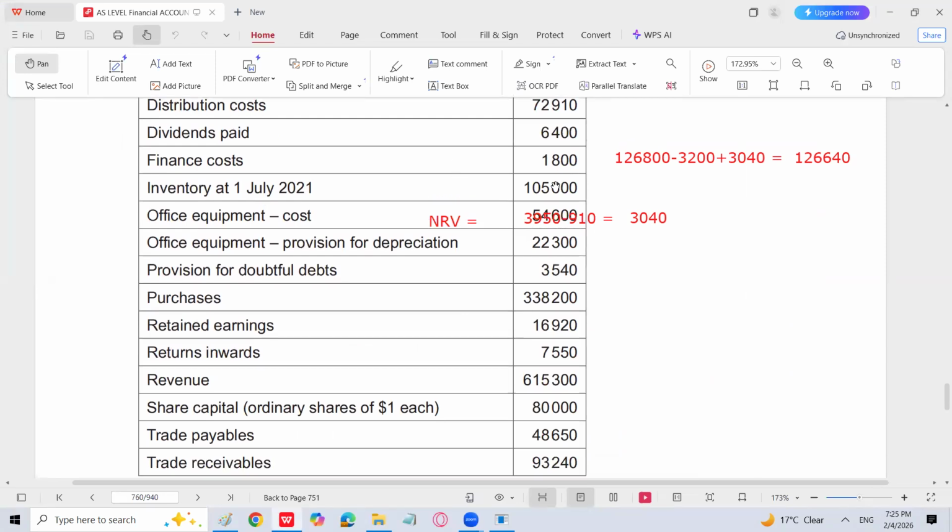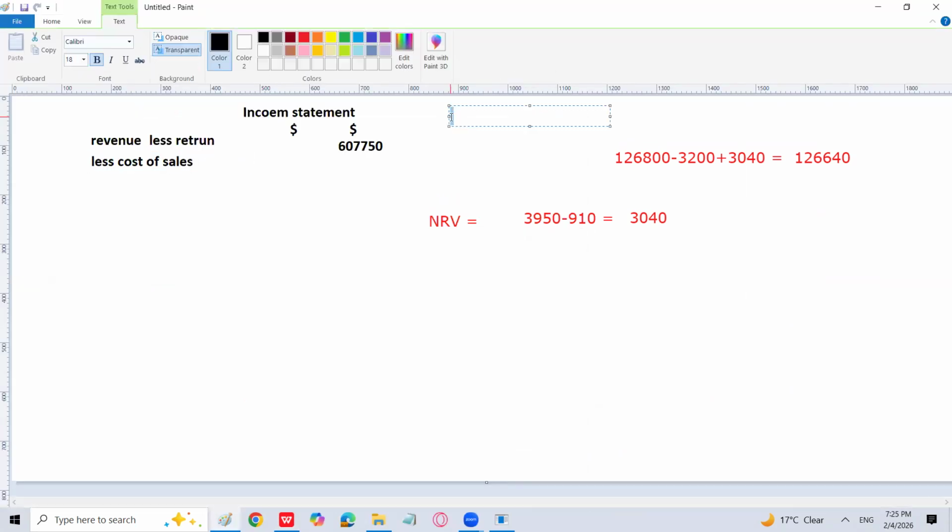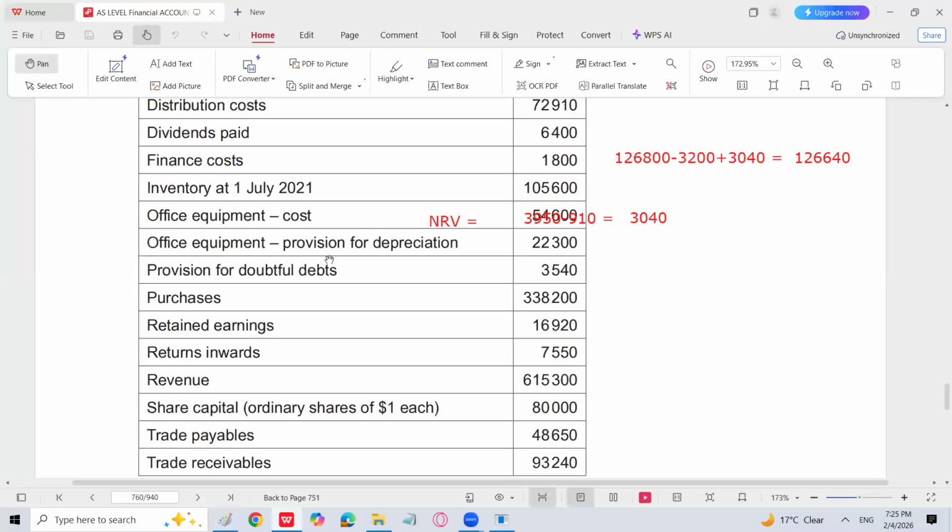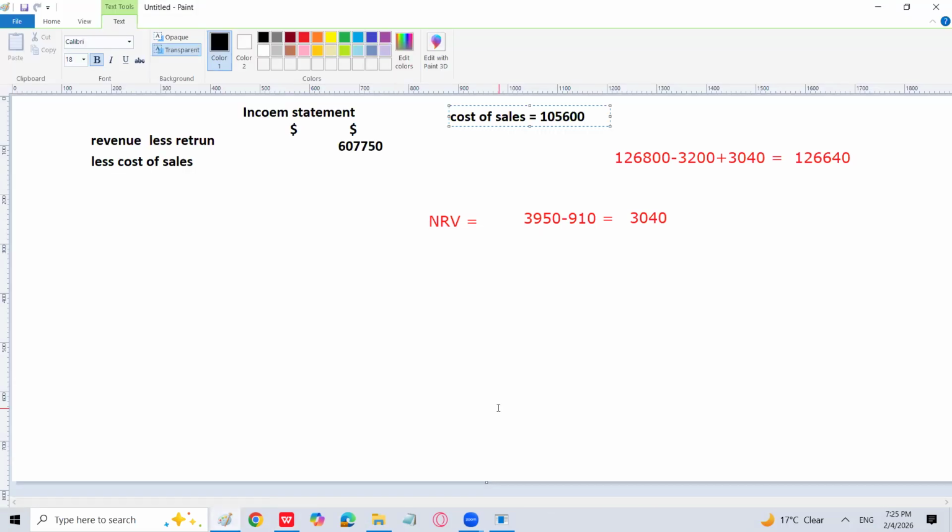So opening inventory is 105,600. I'm going to calculate the cost of sales. For that, I'm going to write opening inventory 105,600, plus purchases, that is 338,200.